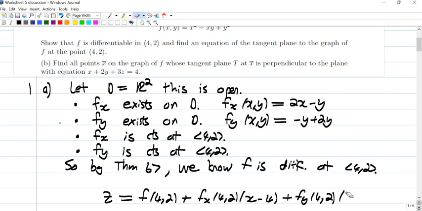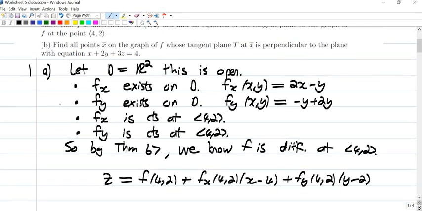And I'm going to leave it to you to verify that you agree with my calculation. I get that the equation of the tangent plane is z is equal to, sorry about that, 12 plus 6 times (x minus 4).